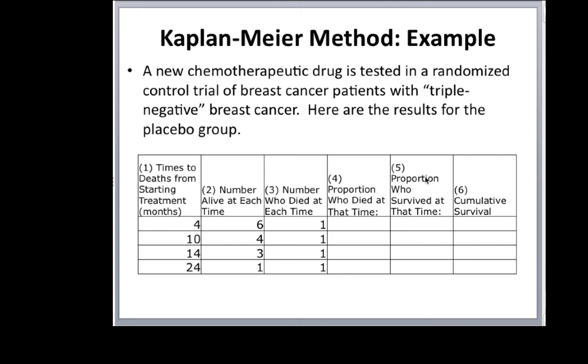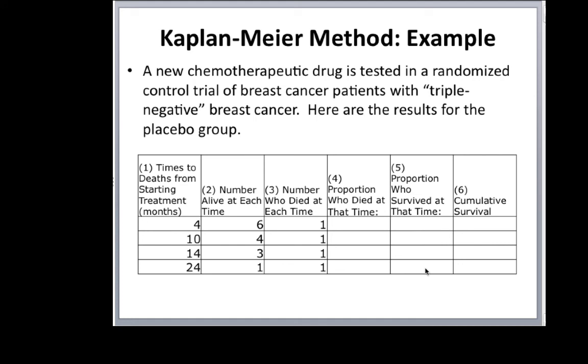So then, the proportion of people who survived is 0.833, 0.75, 0.667, and then 0. So now, how do we calculate the cumulative survival? Start off with 0.833. So we know survival is 100% to begin, before the study began, right?